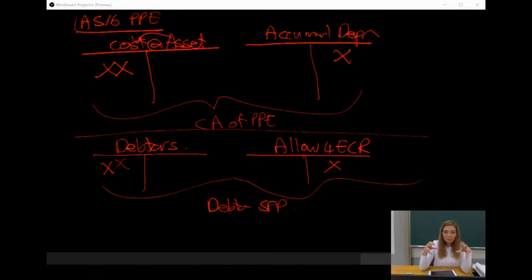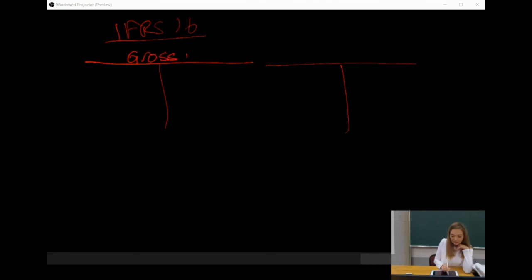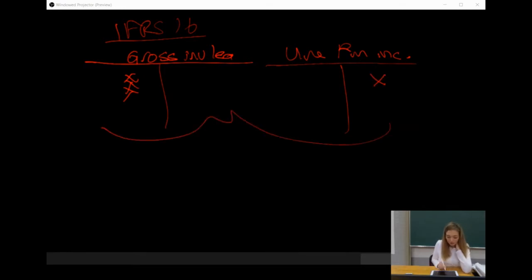Okay, so now we use that same principle for IFRS 16 when we recognize the net investment in the lease. So we have these two GL accounts for IFRS 16. The one is the gross investment in the lease, and the other one is the unearned finance income, where the gross investment in the lease will always have a debit balance, unearned finance income will have a credit balance, and the net of these two will give me my net investment in my lease, which is the amount that goes onto my statement of financial position.